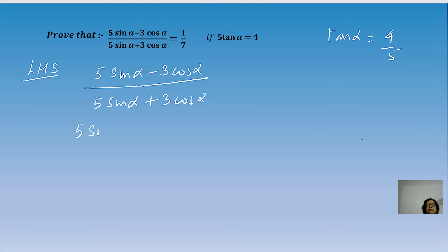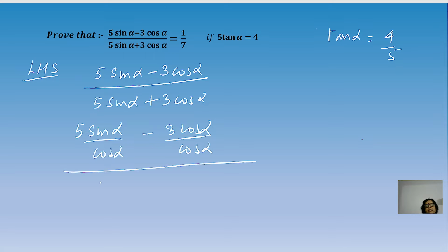So we get 5 sine alpha by cos alpha minus 3 cos alpha by cos alpha, and in the denominator again 5 sine alpha by cos alpha plus 3 cos alpha by cos alpha. Now, let us get back to the sine alpha value.